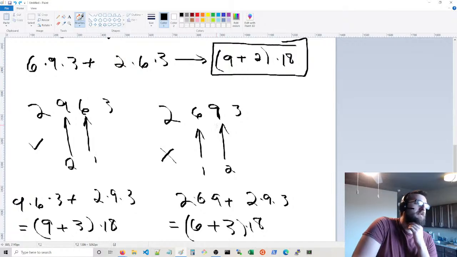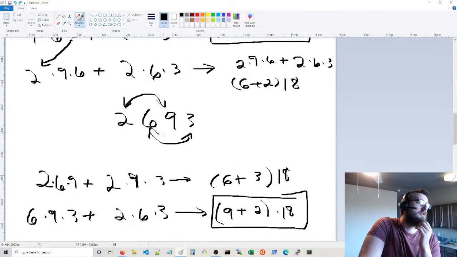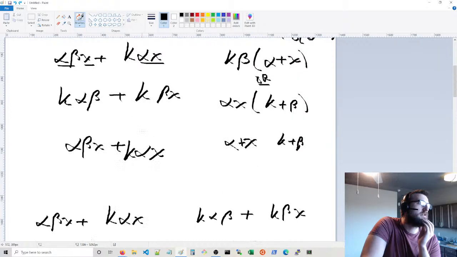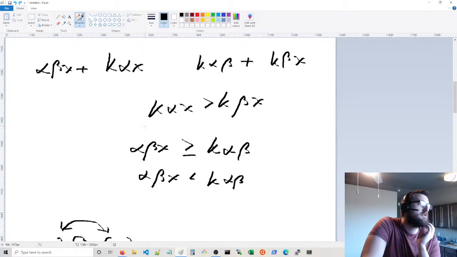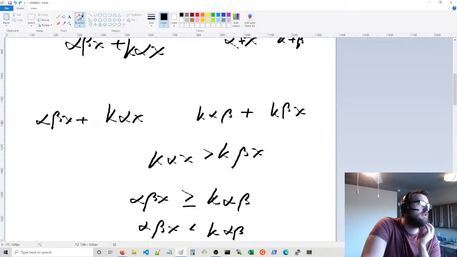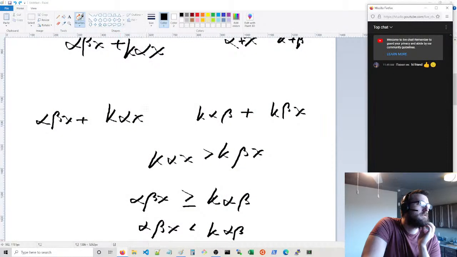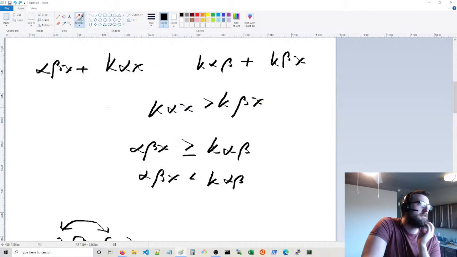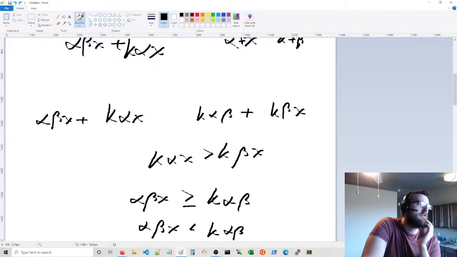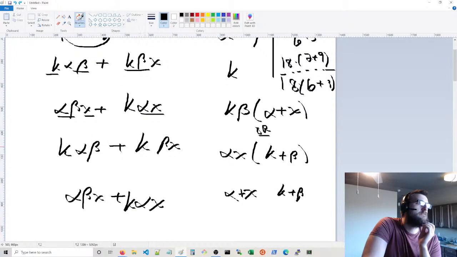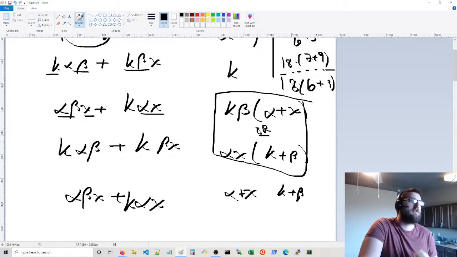It's weird to think about why that might be. I guess the easier way to think about or express it would be that you're comparing these two expressions to each other.